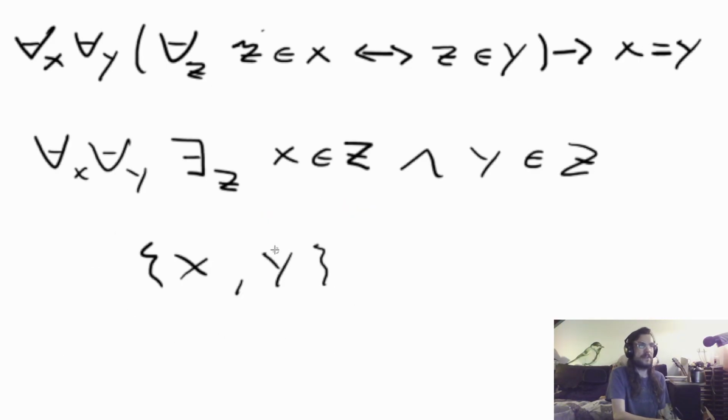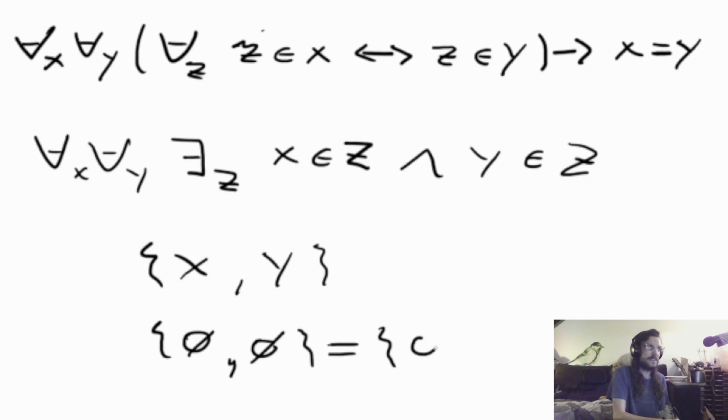So we already saw that we constructed the empty set, so we can also now construct the set that is twice the empty set. But this is a rule of set theory. This is the same as just the empty set.